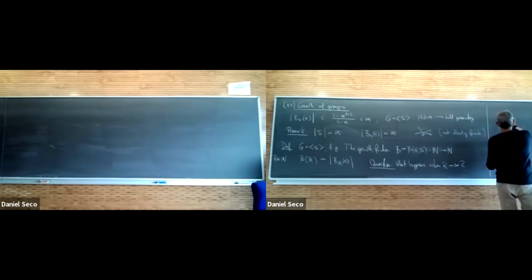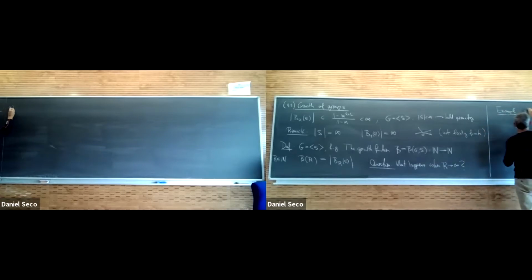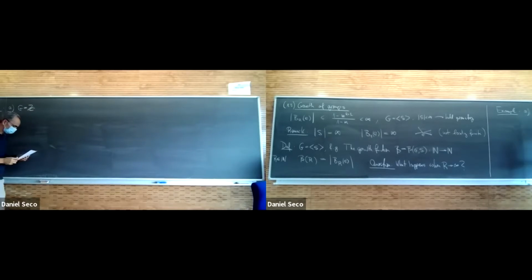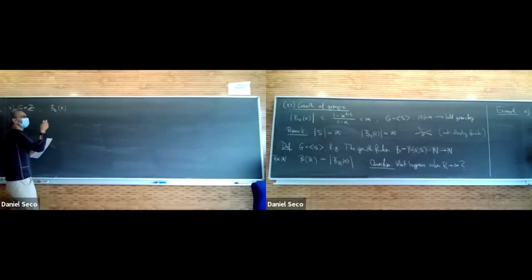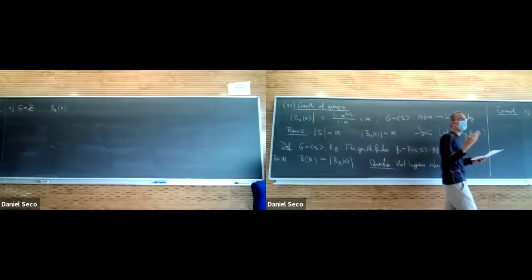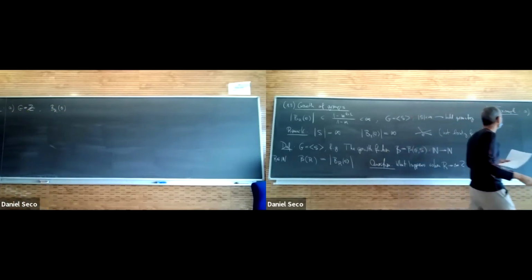Okay. And of course, the first example is the easiest one, Z. The balls of radius r are centered at the origin. I'm writing that additively, so the neutral element is 0.